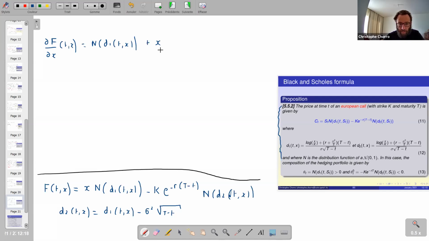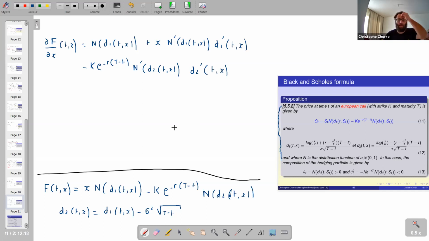So what is v prime here? It is N prime of d1 of t, x, d1 prime of t, x. So I have computed the derivative of this part here, and minus the derivative of this one, that is minus K exponential minus r (capital T minus t) times the derivative of this one, that is N prime of d2 of t, x, d2 prime of t, x. Okay, so I have this.